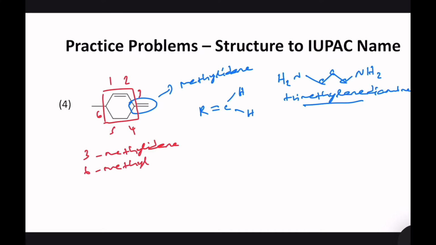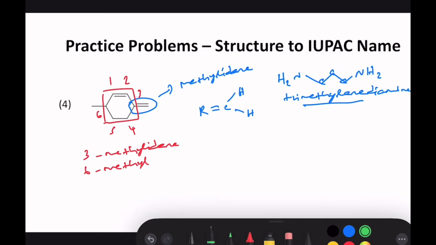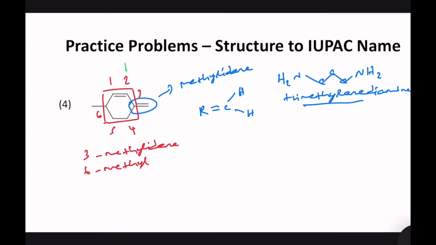On the contrary, if you do the numbering starting from here 1, 2, 3, 4, 5, 6, in that case at the 3 position you will have methyl and then at the 6 position methylidene.